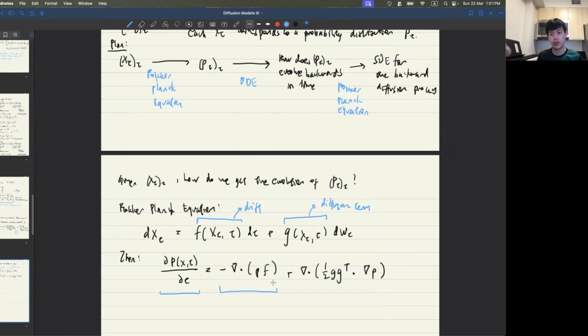And the right-hand side is really using the terms in the definition of the stochastic differential equation that we have formulated. If we have a very high drift, so for example, if F is very high near me, that means the wind is very strong near me, and therefore sand is going to blow away quickly from my current location, right? So we should expect sand to be decreasing if F is very strong. But of course, this F is just the wind, right? If you have no sand underneath your feet, it doesn't really matter if the wind is strong.